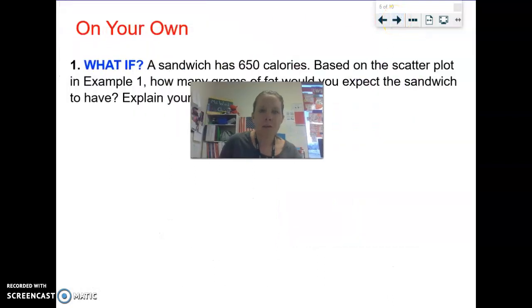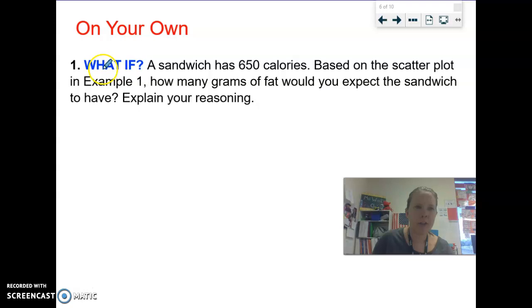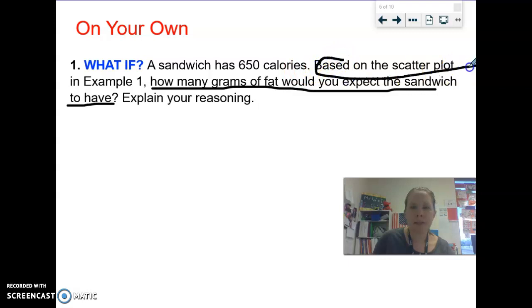All right, so this one isn't on your own. The question is, what if? Okay, so a sandwich has 650 calories. Based on the scatter plot in example 1, how many grams of fat would you expect the sandwich to have? Now, realize that it says based on the scatter plot.